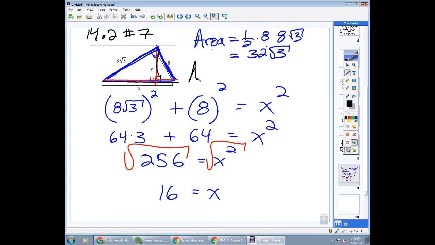So the area is also equal to 1/2 of the base of 16 that we just found times y, the height. If we relate these two, we can solve for y, because they have to measure the area in the same way. I'm just taking two versions of the area based on having two different bases and heights I can use.